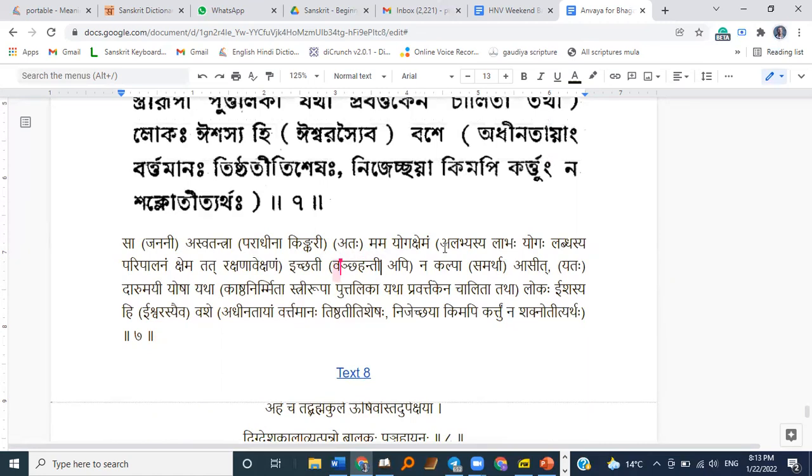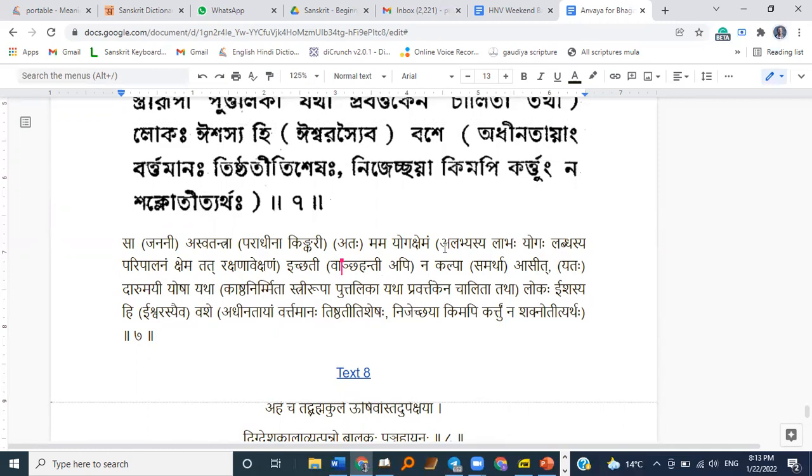So Narayana is saying that my mother, Sa, Janani, was dependent. She was not independent. She was dependent, Paradhina, because she was an attendant, a servant, a maid, kinkari. Therefore, even though she was desiring my welfare, Narad Muni is saying, what was the welfare? Alabhyasya labhaha yogaha.